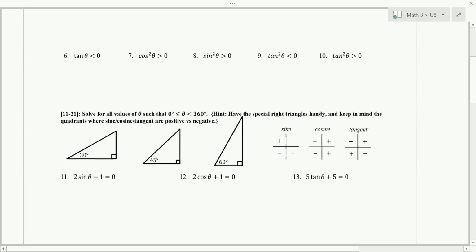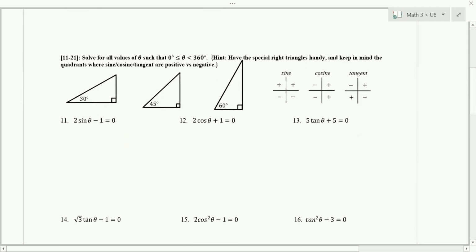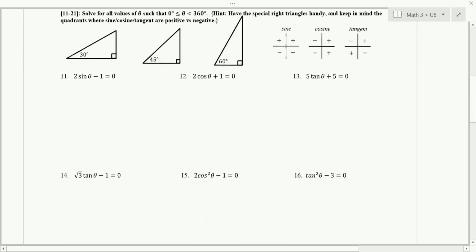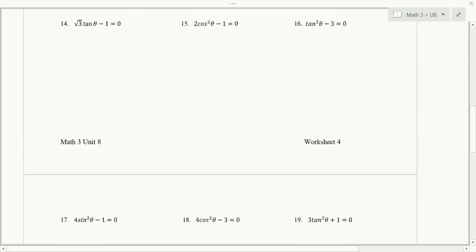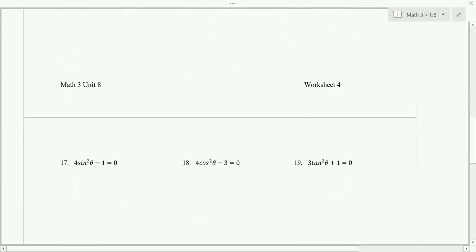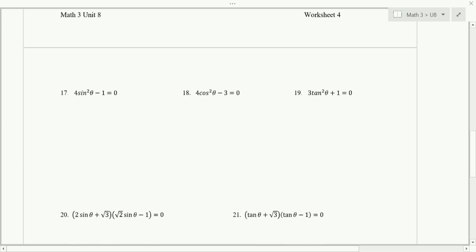And then you're working through solving, just like we did. We want to work through those 3 steps: solve for that trig function, and then ask those 2 questions. What's my reference angle? It's either going to be 30, 45, or 60. And what quadrants am I in? Looking through this, it seems like everything's going to work out pretty good.